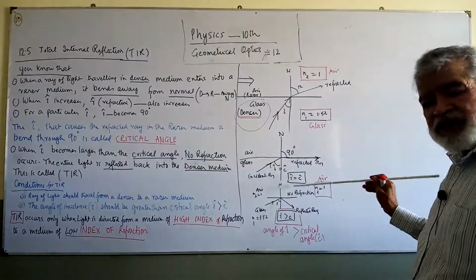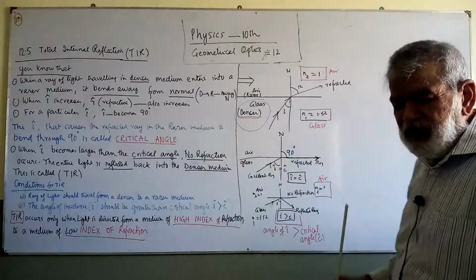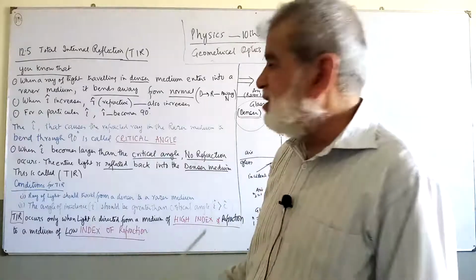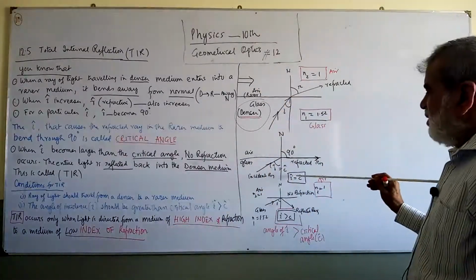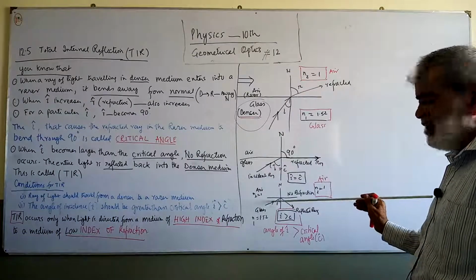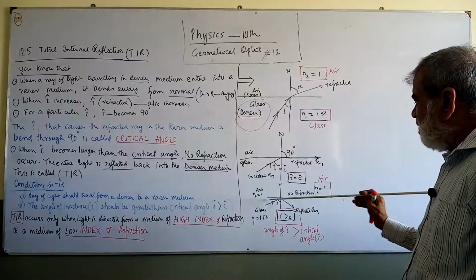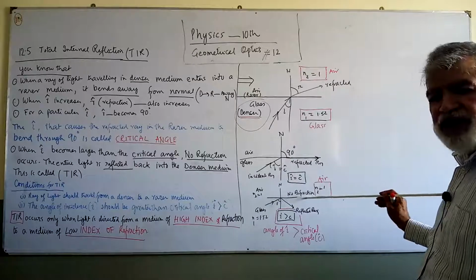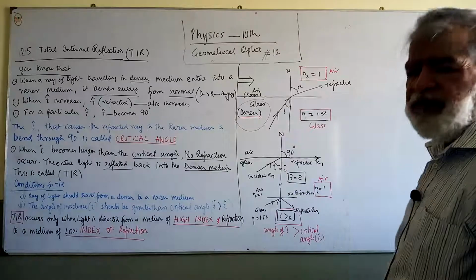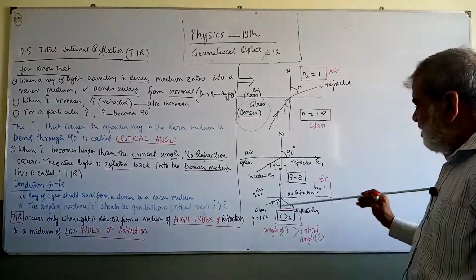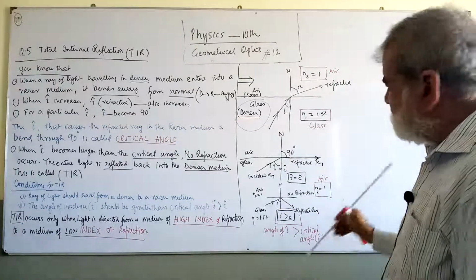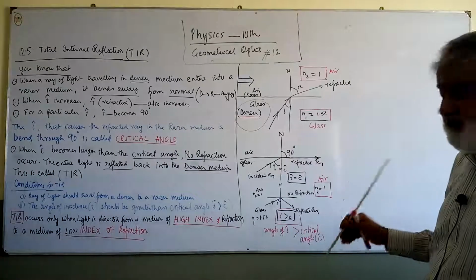And this is i equals C: that angle of incidence for which the angle of refraction is 90 degrees is known as the critical angle. And at this point, if you further increase the angle of incidence, मज़ीद उसको बढ़ा दें तो फिर कोई रिफ्रैक्शन नहीं होती और रोशनी की शुआ मुकम्मल की मुकम्मल उसी मीडियम में वापस आ जाती है. गोया कि it comes back into the same medium. गोया कि रिफ्लेक्शन का फिनोमेना हो जाता है.